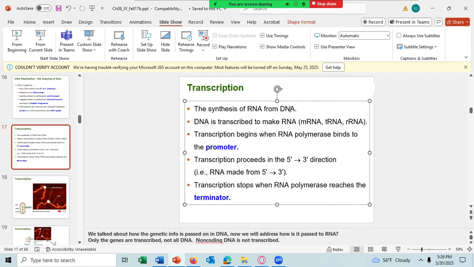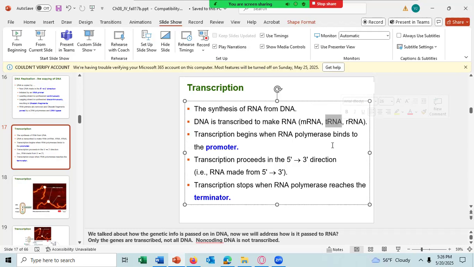And if the gene codes for rRNA, then the RNA polymerase will make rRNA. Any questions about any of that? So the answer is it depends on which gene the RNA polymerase is reading. If it's reading a tRNA gene, then it'll make tRNA. Any questions about any of that?